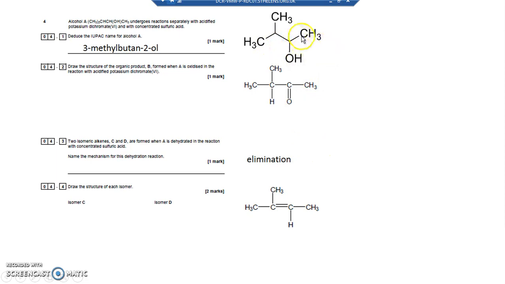Or it could form a double bond here, take the OH off here and one of the H's off there, and could form a double bond here. It's called an elimination reaction because we're removing H2O from the structure.